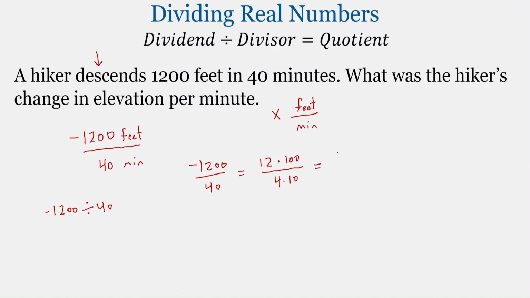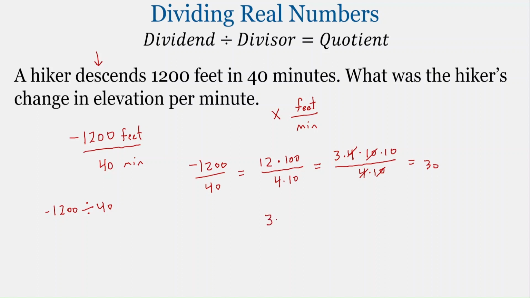We can further simplify this down. 12 is 3 times 4. And 100 is 10 times 10. And this is 4 times 10. So this 4 cancels out. These 10s cancel out. That leaves us with 3 times 10, which is equal to 30.